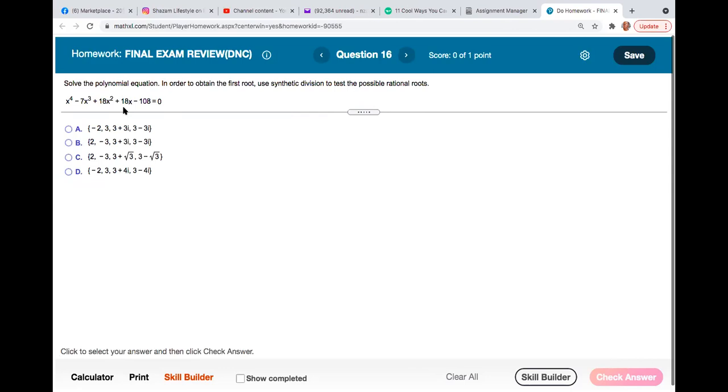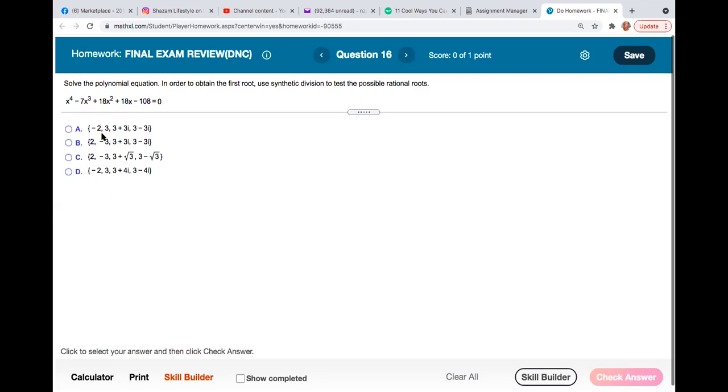By doing that, it will give you the 2 exact values. If you notice, all 4 of these answer choices, guys, they have 2 exact values, okay? So once you do that, you know the 2 exact values. You can use those 2 exact values along with synthetic division. So you can simplify the problem down to a 2nd degree polynomial and then solve it either using the quadratic formula or using completing the square.